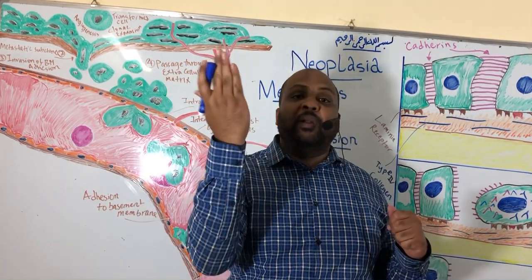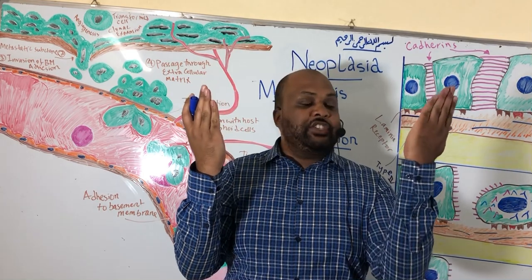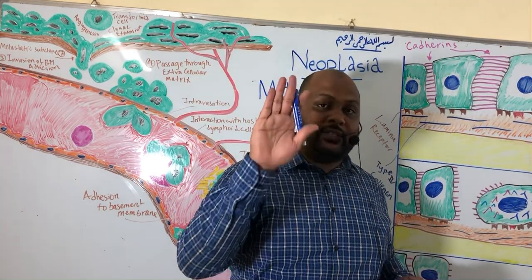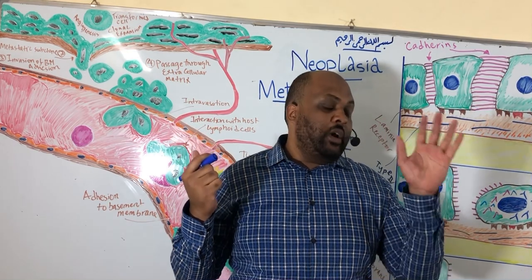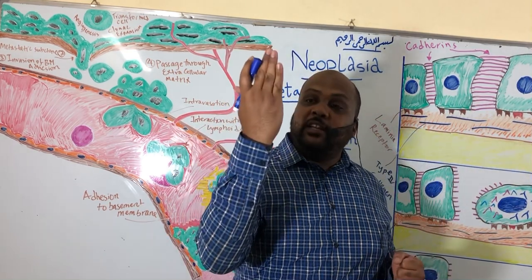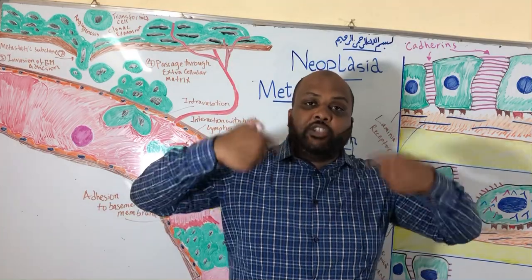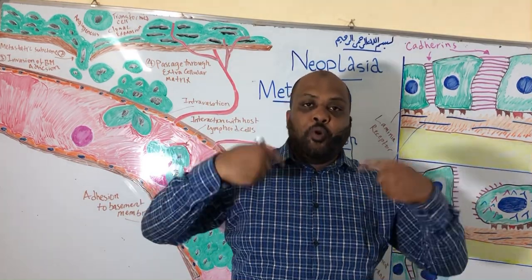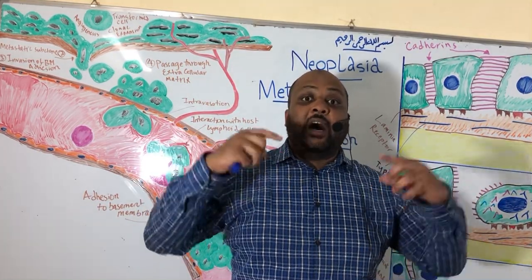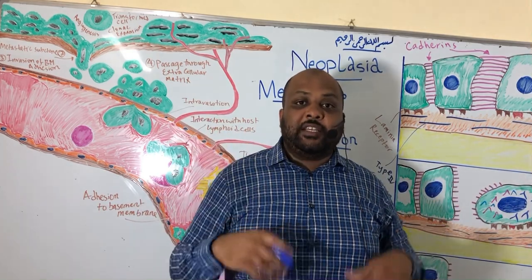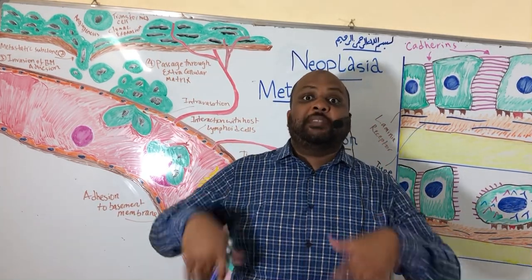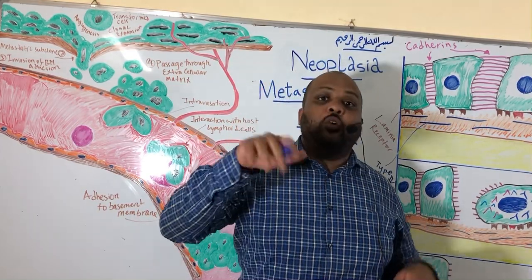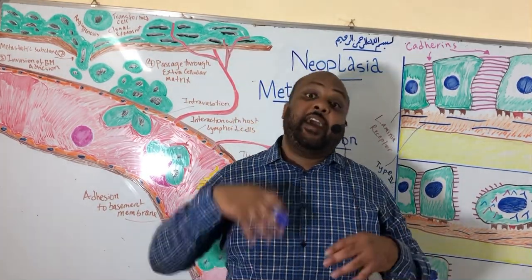And these are the plus genes. And we have the minus genes. The plus genes are the accelerators, and the minus genes are the brakes. So when there's a defect in the plus genes that lead to promotion of growth and uncontrolled cell division, such as when a proto-oncogene becomes an oncogene, that's a form of a plus gene defect that leads to cancer.